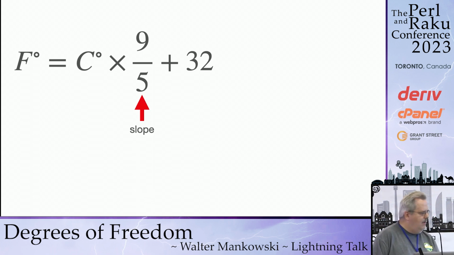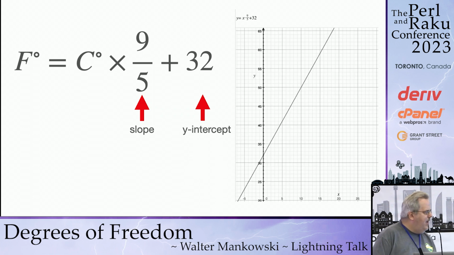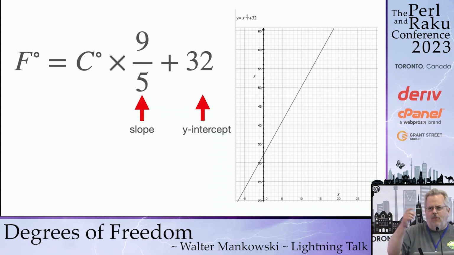That's the slope, and that's the y-intercept. So you start at 32: 0 Canadian is 32 freedom, and then for every 5 degrees in Canadian, it goes up 9 degrees in freedom degrees.